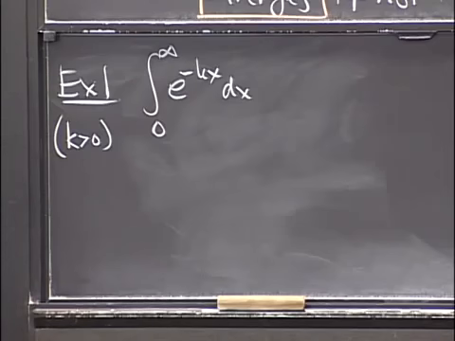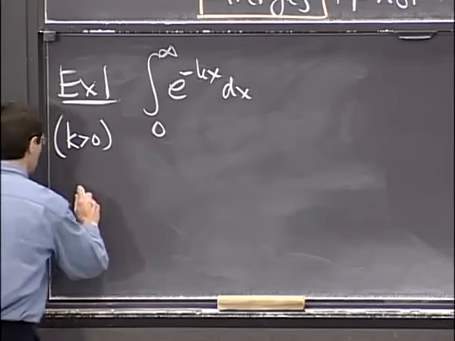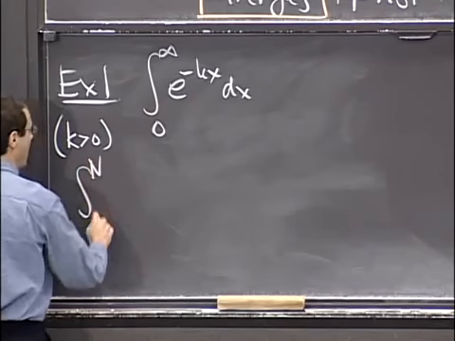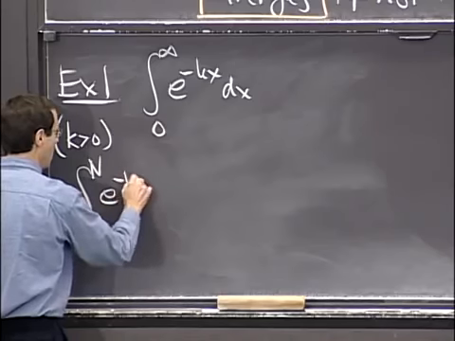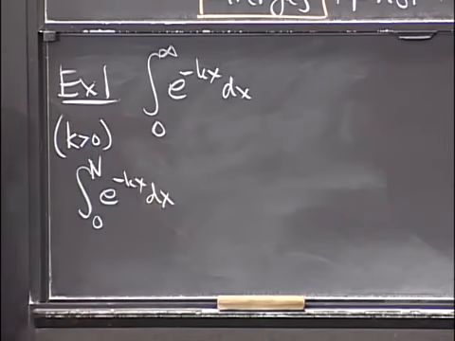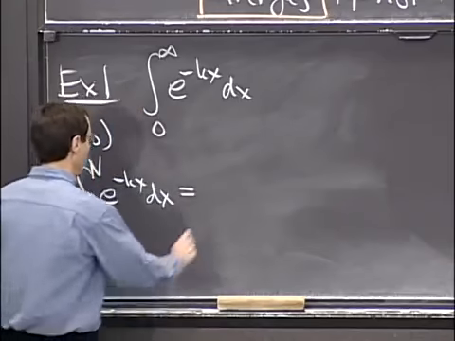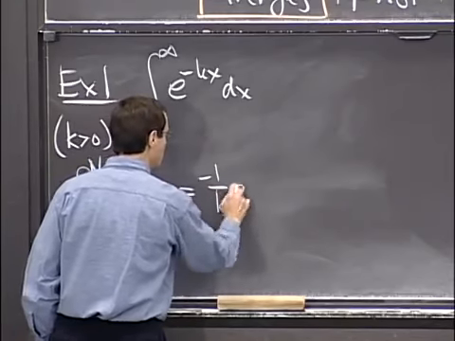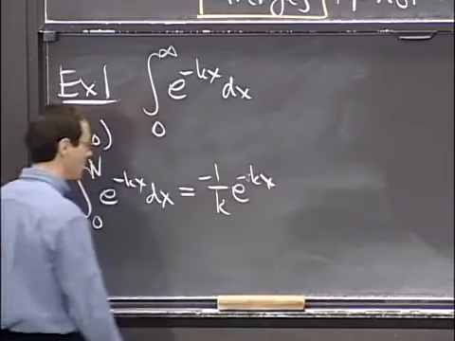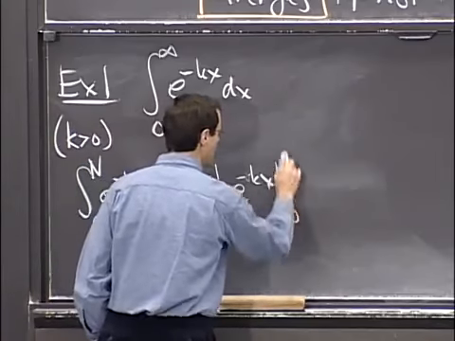Now, in order to handle this, I need to check the integral from 0 up to n of e to the minus kx dx. Since this is an easy integral to evaluate, we're going to do it. It's minus 1 over k e to the minus kx, that's the antiderivative, evaluated at 0 and n.